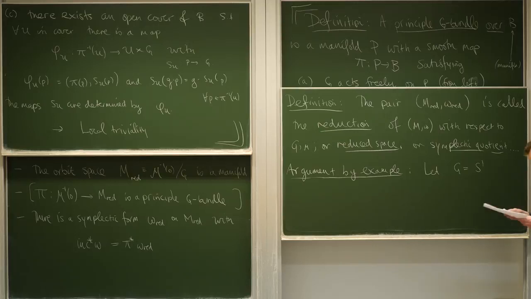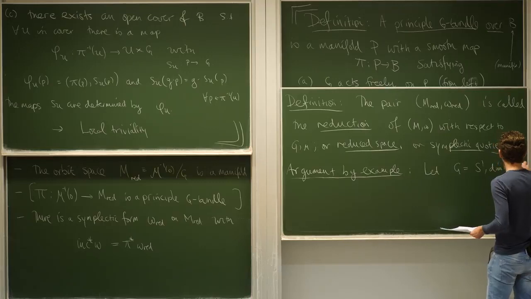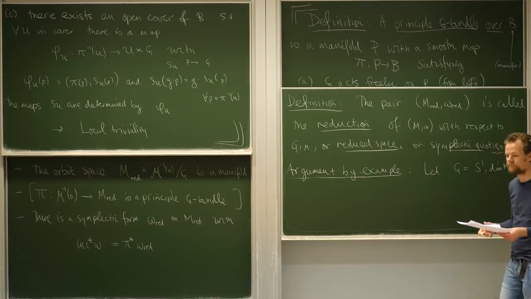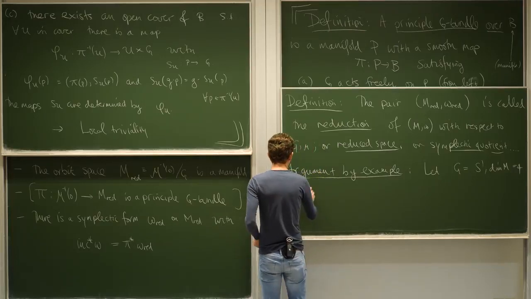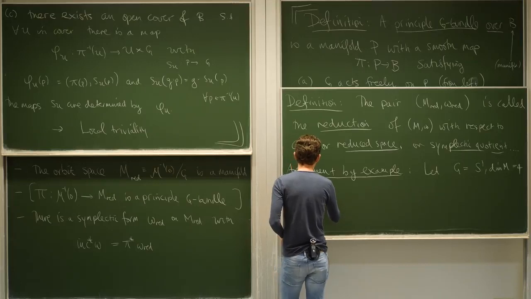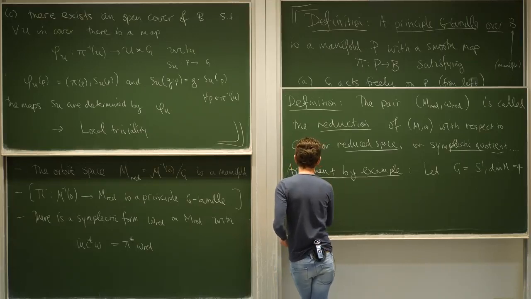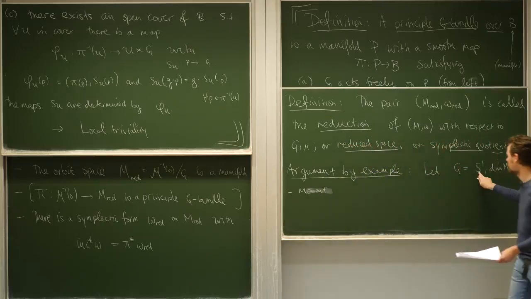We need even dimensions. So let's take it to be a 4-dimensional manifold. And the most trivial compact Lie group that we can get our hands on is S1.